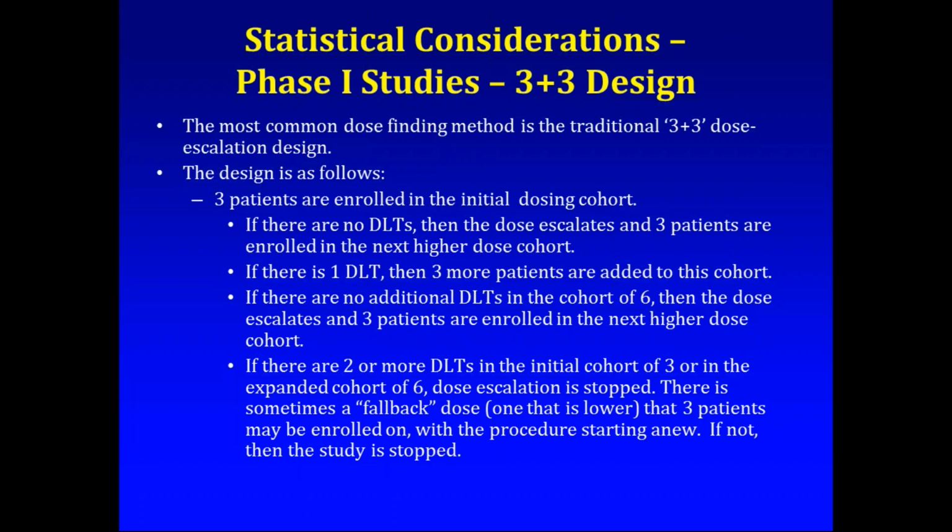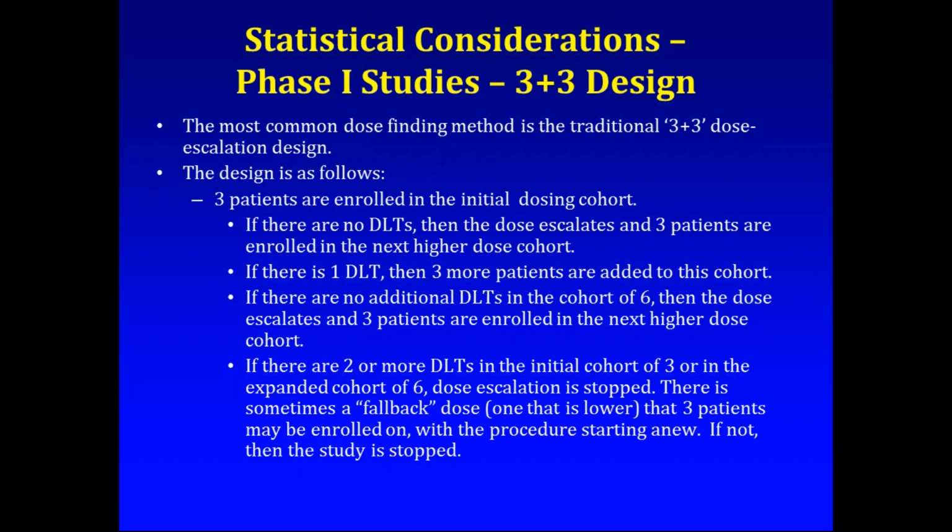If there are no DLTs in those, then we escalate the dose and move on to the next higher dosing cohort. However, if there's just a single DLT in the first 3 patients, then we add 3 patients to that cohort. So that means we're looking at 6 patients on that particular dose of the treatment.